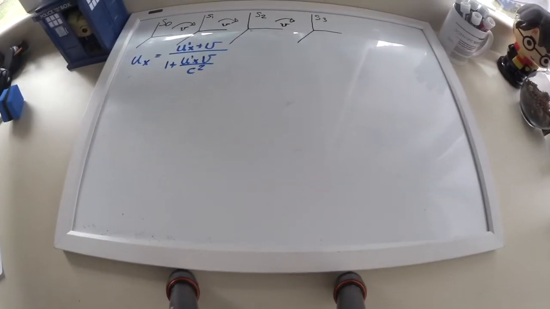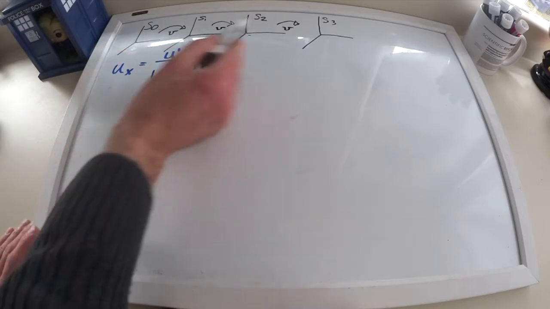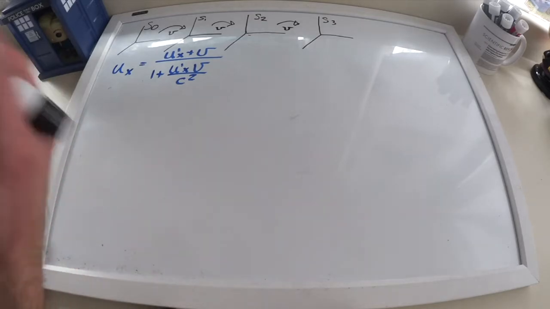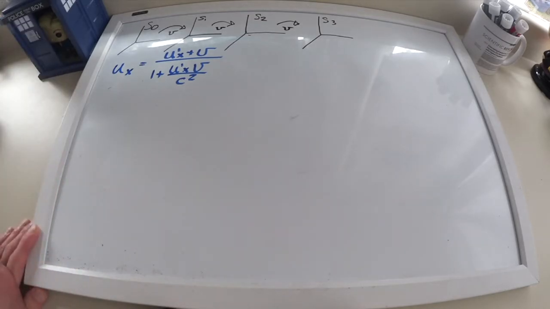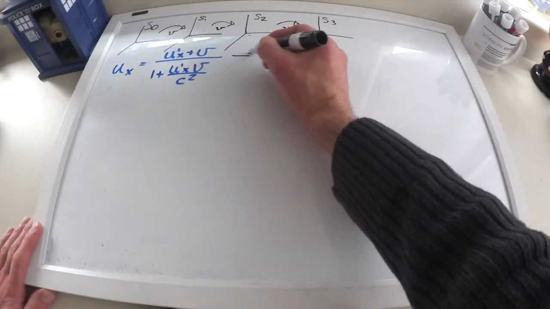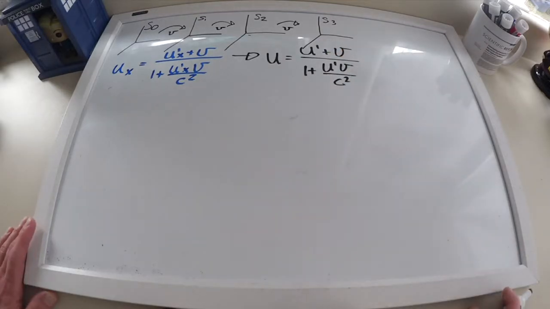Well, this is the equation of transformation of velocities on the x-axis, and the spaceship is moving in a straight line, so we can always choose that to be our x and x prime axis. Because it's going to be an x-axis, I'm going to just remove that x, so I will write this expression as... And now I will write indexes 1, 2, and 3 to refer to the different reference frames.